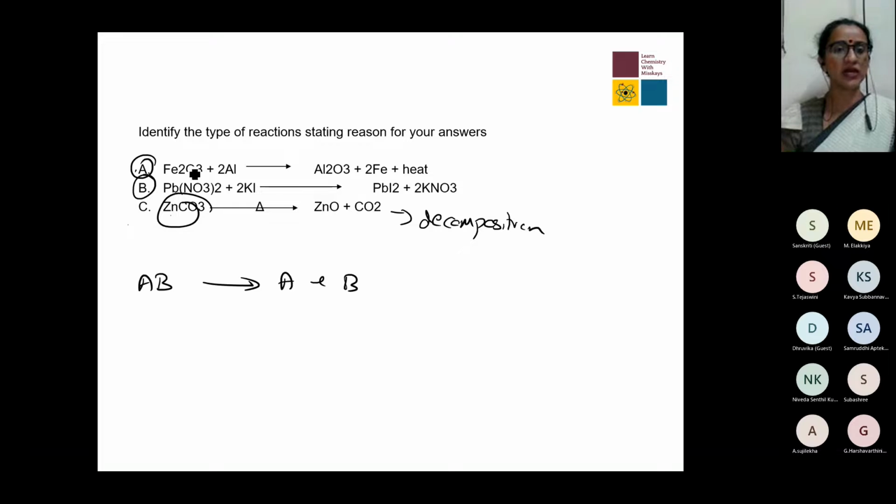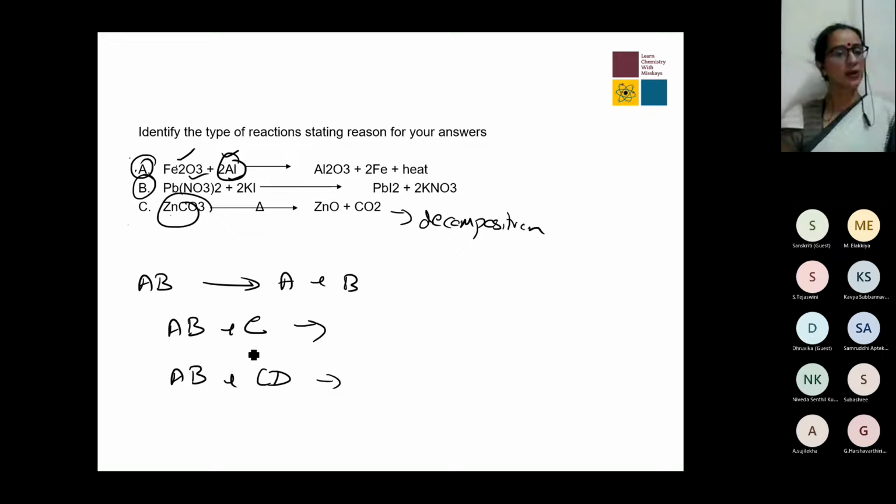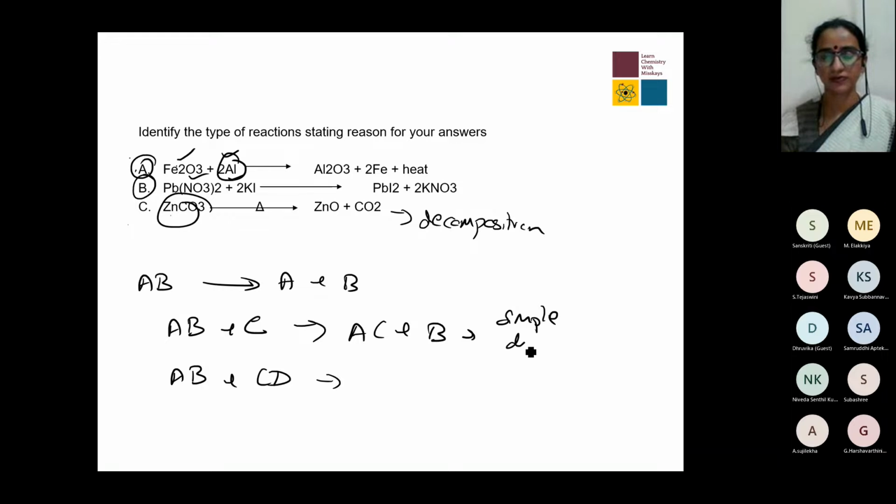Now, between A and B, there are 2 reactants on the left-hand side. In A, we have a compound reacting with an element, okay? And in B, we have 2 compounds reacting with each other, okay? Now, remember what we spoke about? When a compound reacts with an element or a homoatomic molecule, the reaction will always be a simple displacement reaction, okay? The reaction will always be a simple displacement reaction.